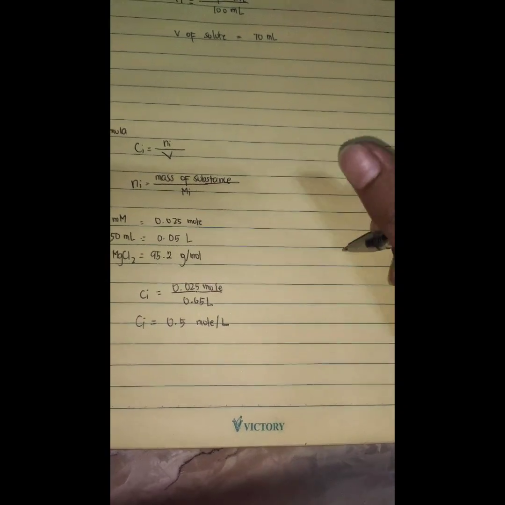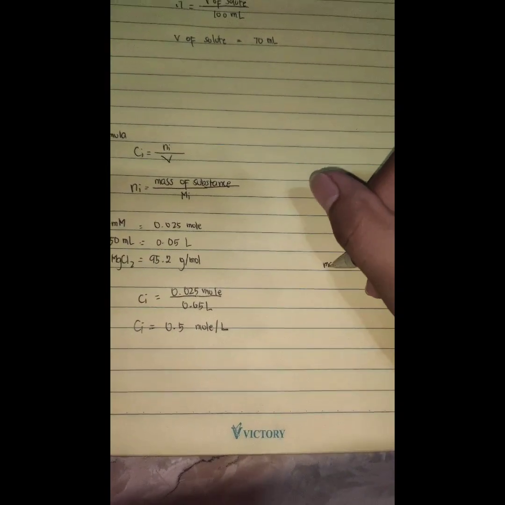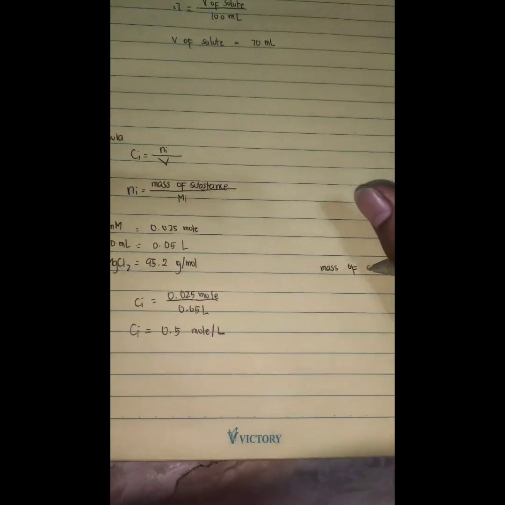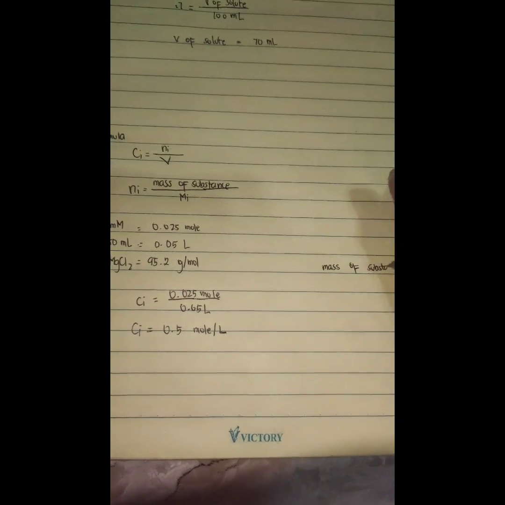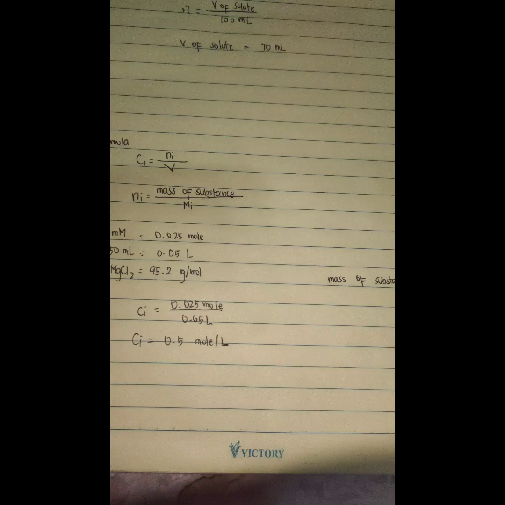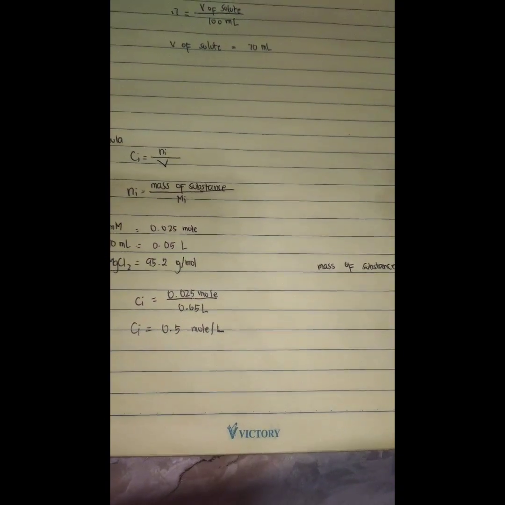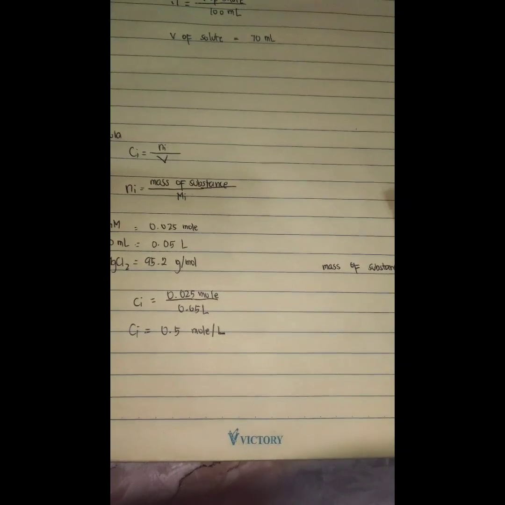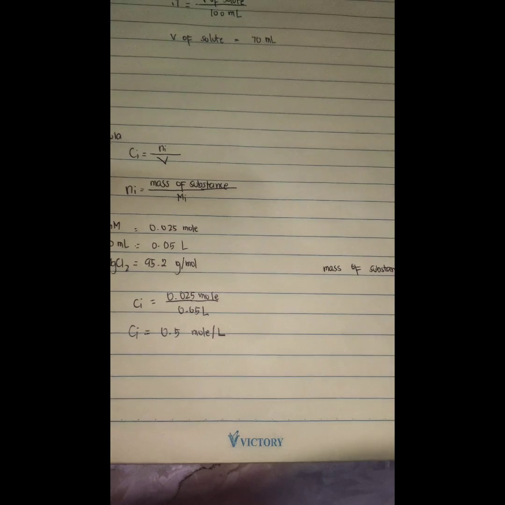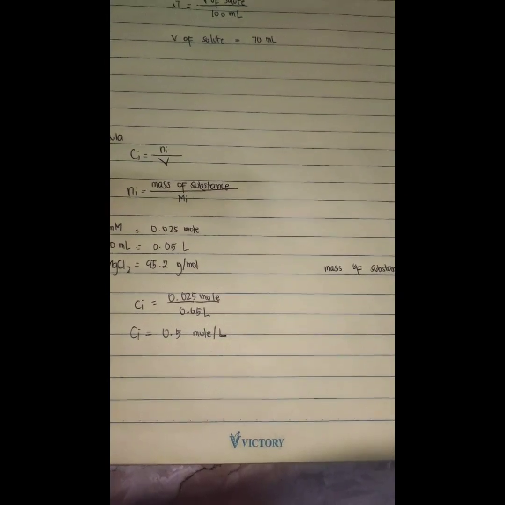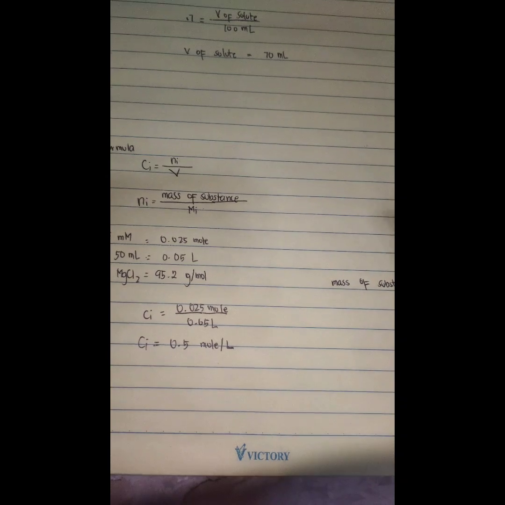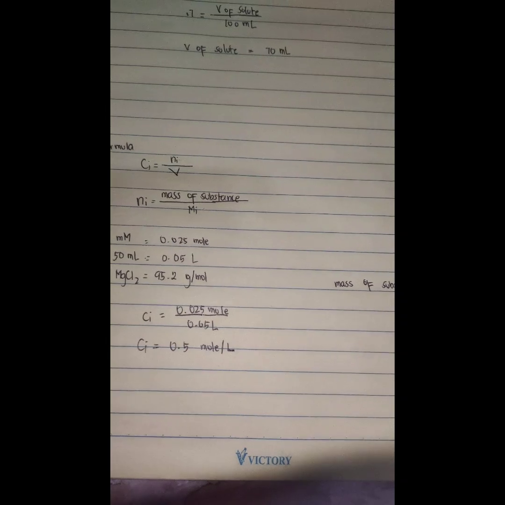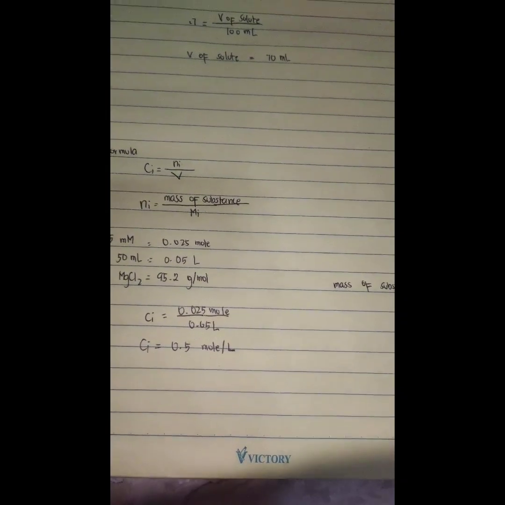So mass of substance is equals to our Ni, which is 0.025 mole multiplied by 95.2 grams per mole.